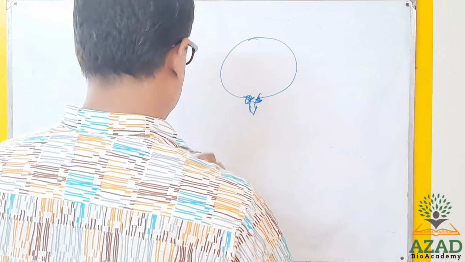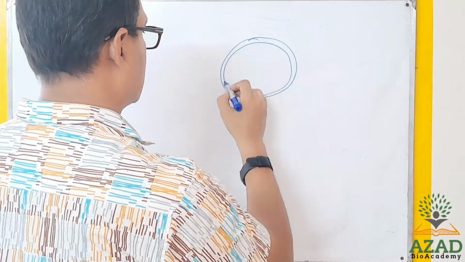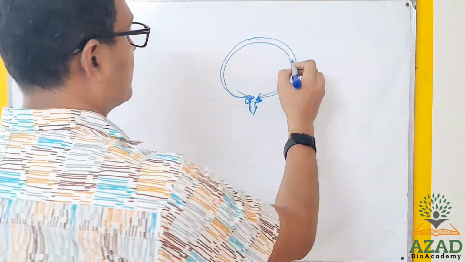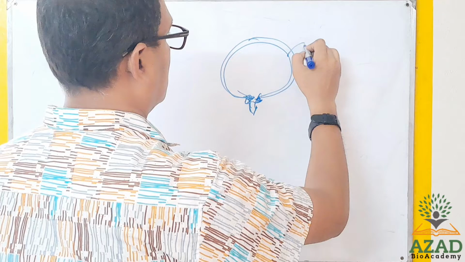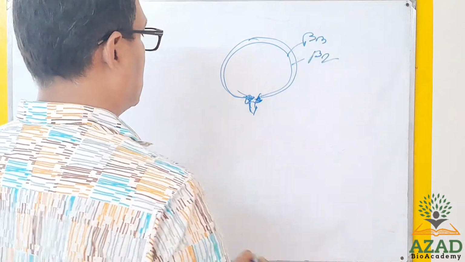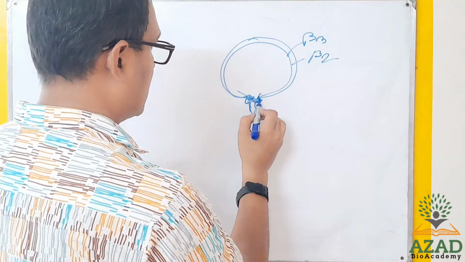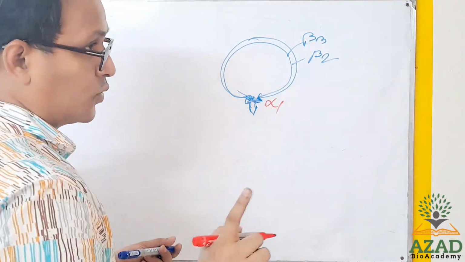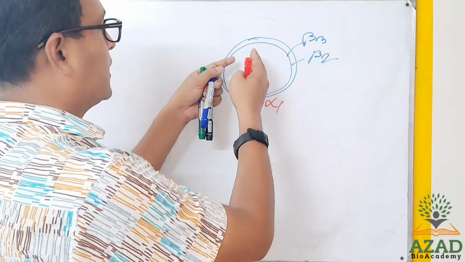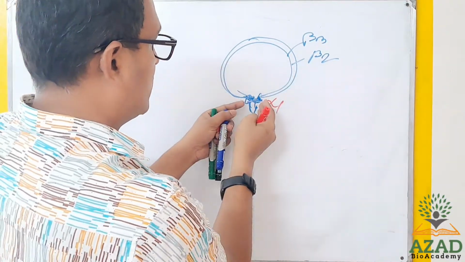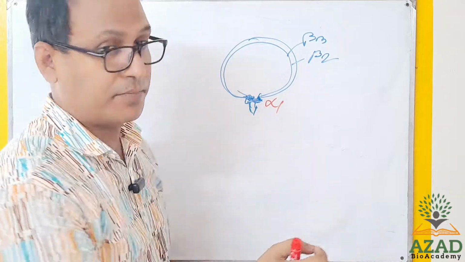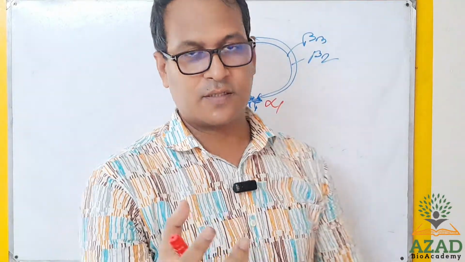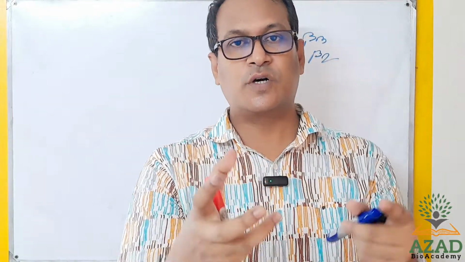In the urinary bladder muscle, it carries beta 2 and beta 3 receptors, and in your sphincter area it carries alpha 1. So when you are in a sympathetic mode, your urinary bladder will relax and your sphincter muscle will contract. Then what will happen? It will facilitate retaining your urine within your body.